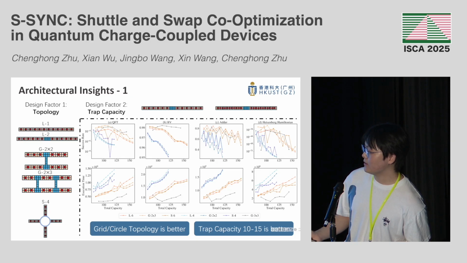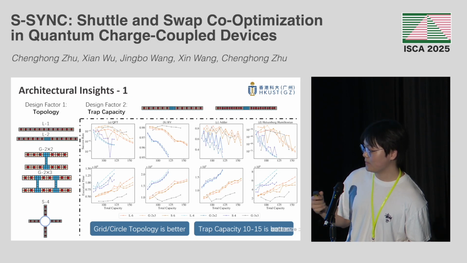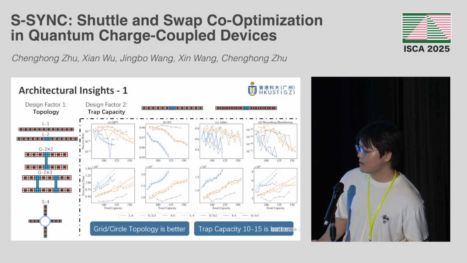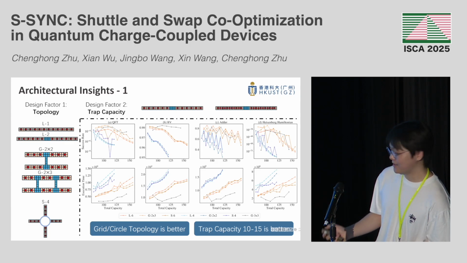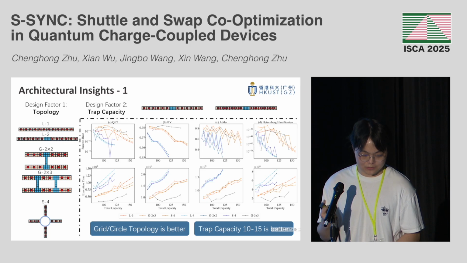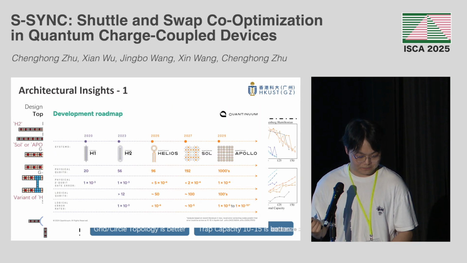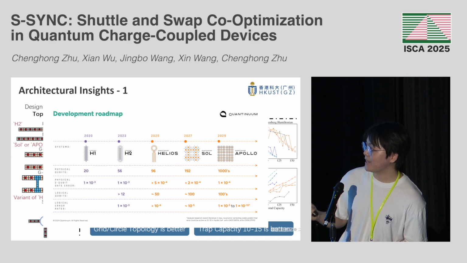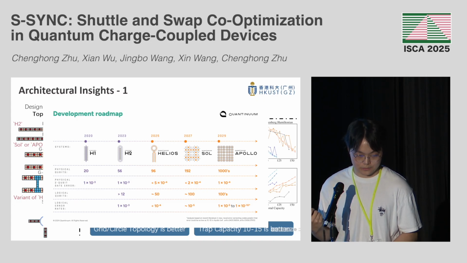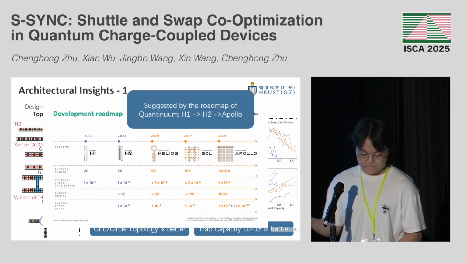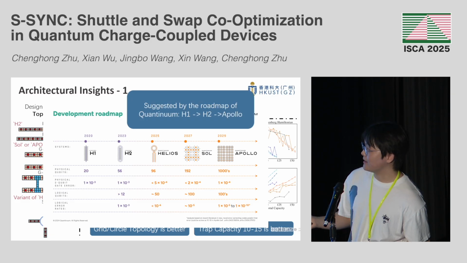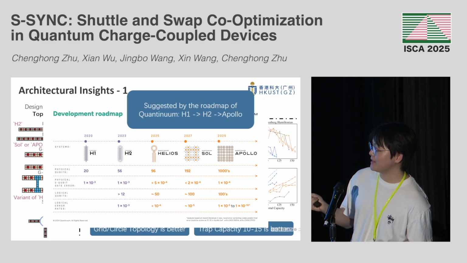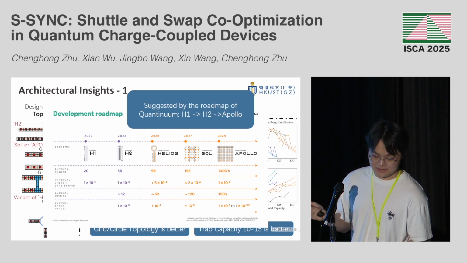For the QCCD topologies, grid and circle topology is better, and a chip capacity of 10 to 15 is better to achieve a higher success rate. The fact that grid and circle topology is better actually follows the developed roadmap of Quantinuum, and they are actually building such devices within their roadmap.